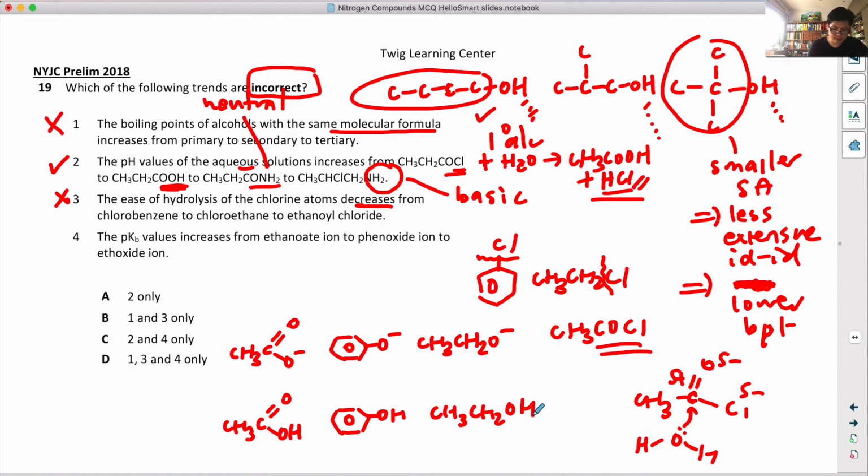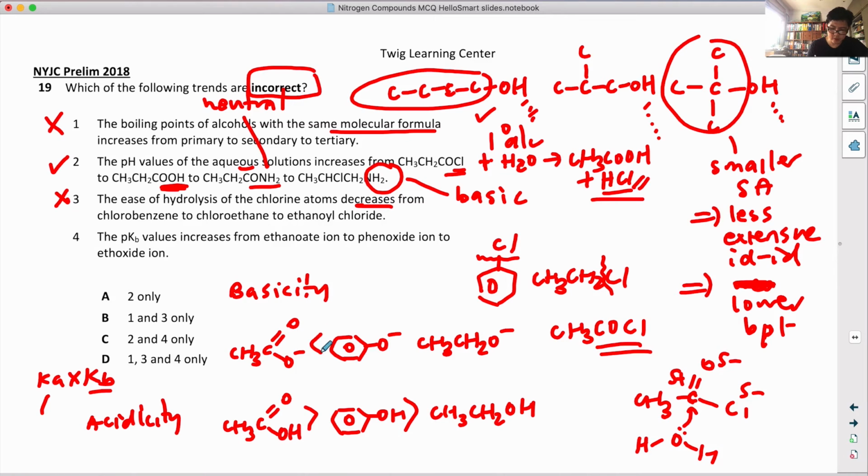In terms of acidity, the carboxylic acid is the strongest acid, followed by phenol, followed by alcohol. So we learned the concept of Ka times Kb, isn't it? It is the inverse. So a stronger acid will give rise to a weaker conjugate base. So if I look at basicity, it'll be the opposite.